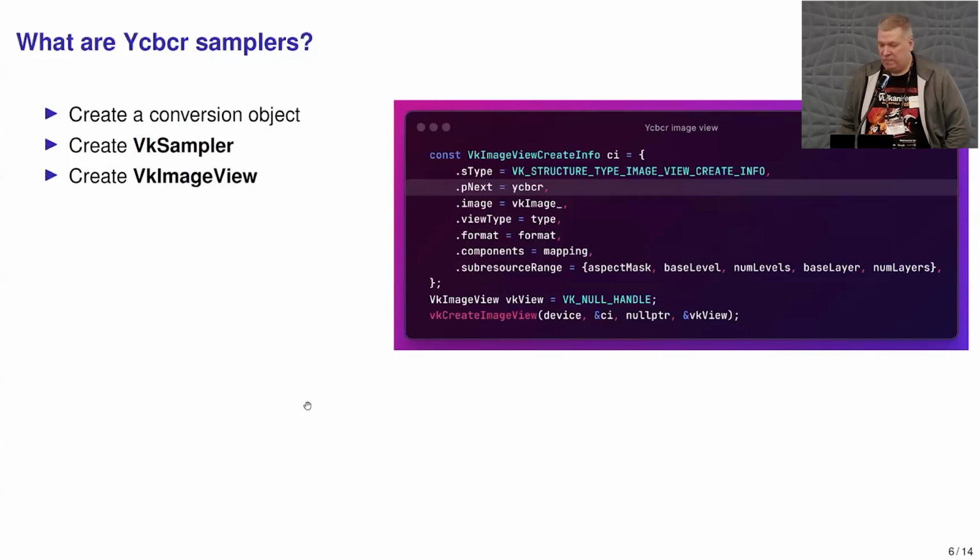An easy way to manage this is to create a hash table, which is indexed by, in the simplest case, the YUV format, and in a more complicated realistic case, by a structure which describes all the conversion parameters of the Ycbcr conversion object.